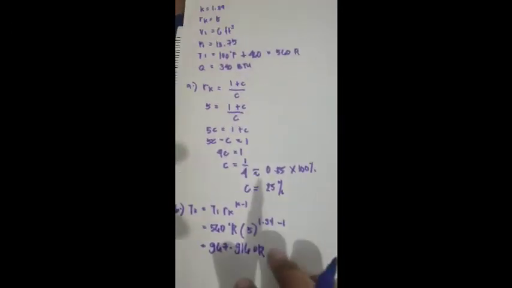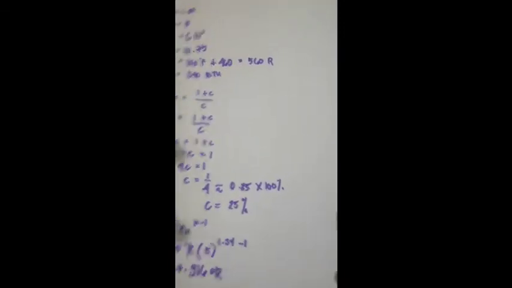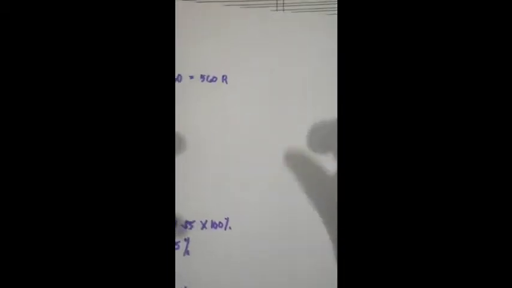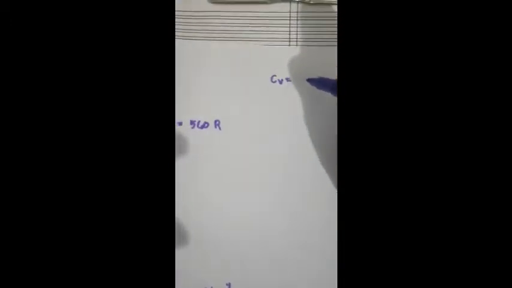So the next one, before you can get the temperature before the expansion, you should get the constant volume specific heat, Cv, which is equal to R over k minus 1. The R of air is 53.3, and the k is 1.34 minus 1.